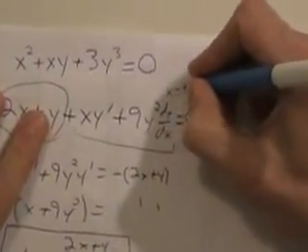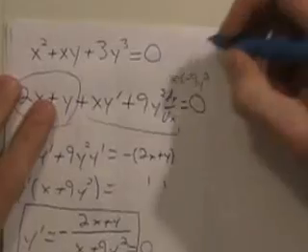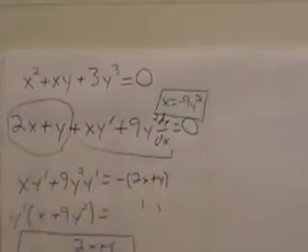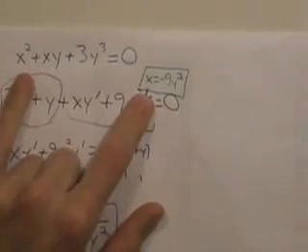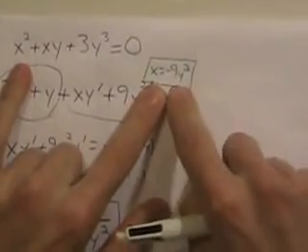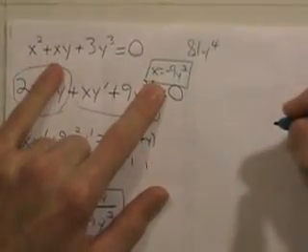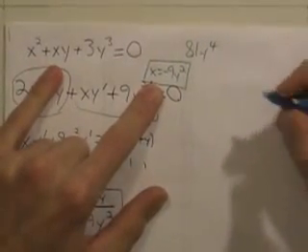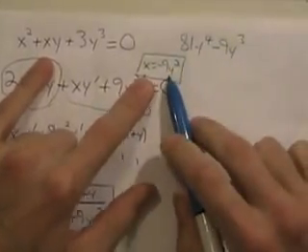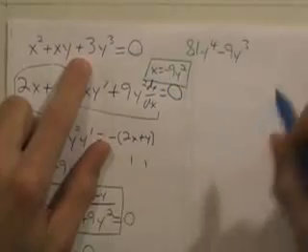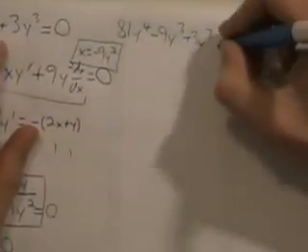Where there used to be x squared, that'll be 81y to the fourth. And what used to be x times y will now be minus 9y cubed, right? The x becomes a minus 9y squared. And then the plus 3y cubed equals 0.